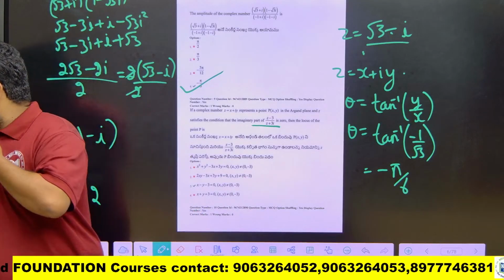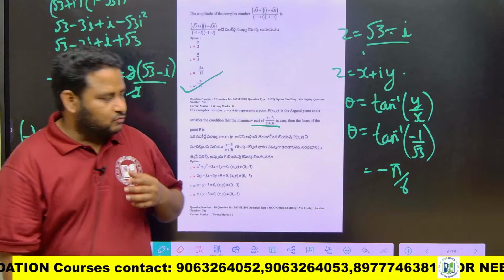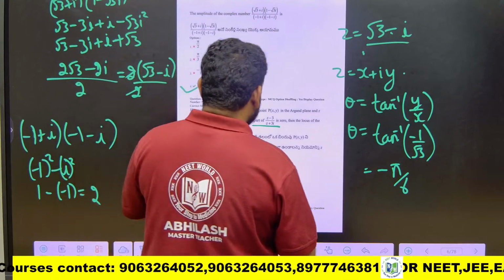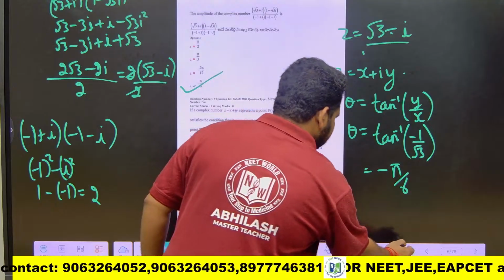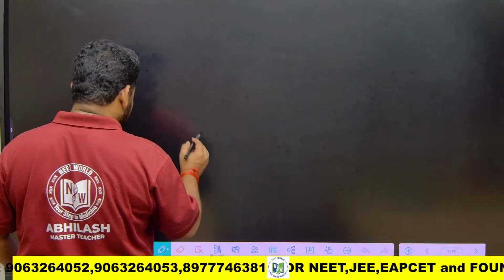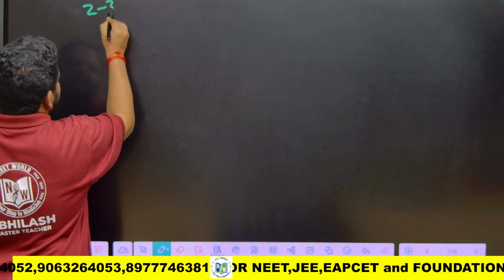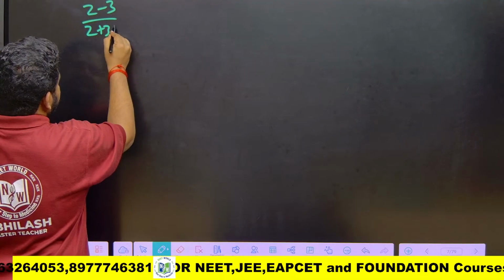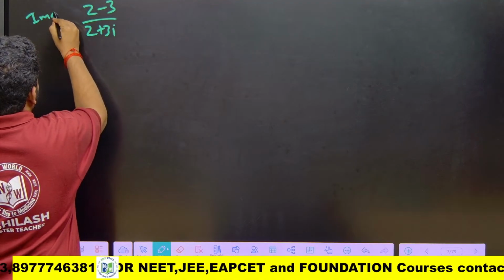So here, observe, they have given (z - 3)/(z + 3i), and the imaginary part of this is equal to 0.